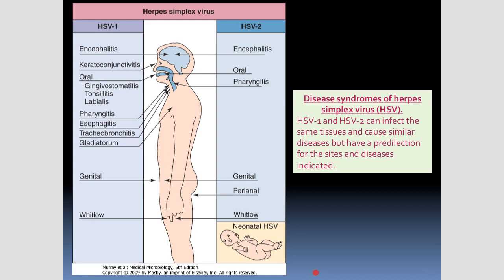This is more to do with HSV-2 as compared to HSV-1. But the good thing is that it is tested as part of pregnancy testing. Again, the question will be, I can give you the simple rule: any mother who is positive for vaginal or genital HSV would not be allowed to deliver the baby vaginally. So they will do a C-section, simple.